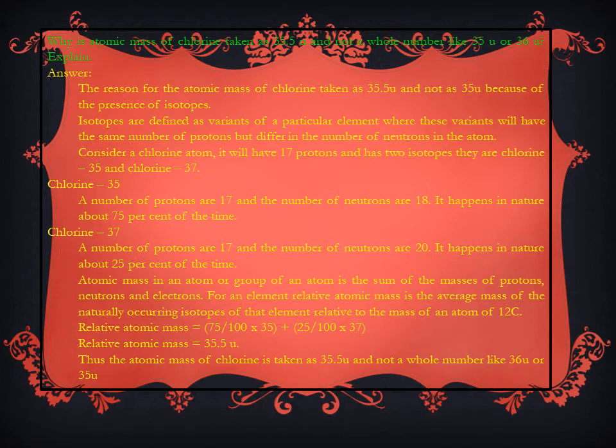After calculation, the relative atomic mass is 35.5 U. Thus, the atomic mass of chlorine is taken as 35.5 U and not a whole number like 36 U.